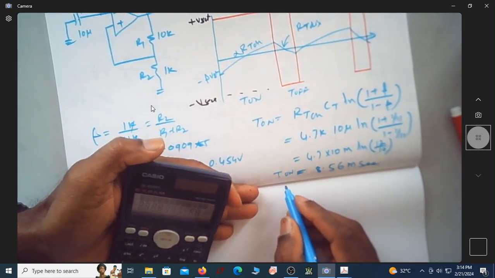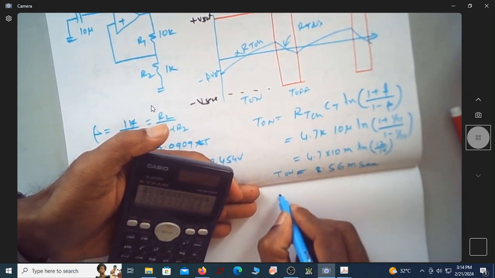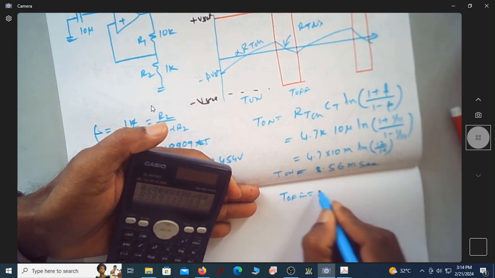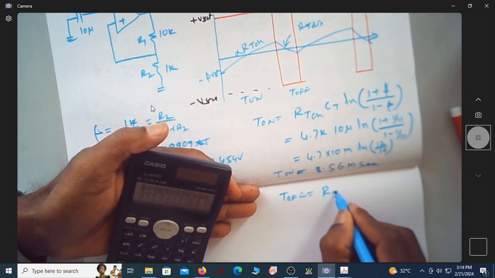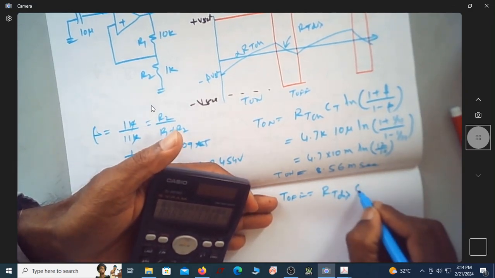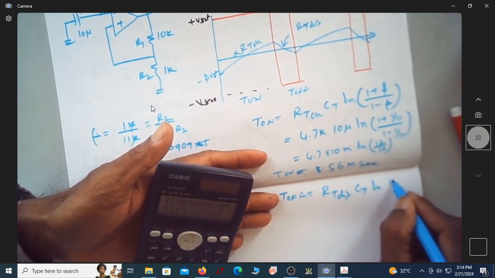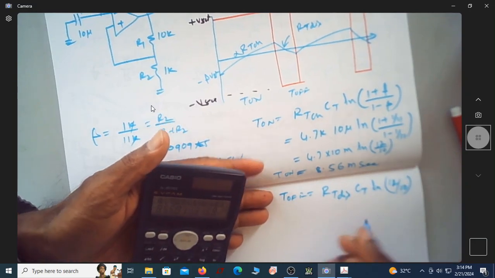So what is T off? T off is the same expression, only the resistance changes. T off is equal to RT discharge CT ln of 12 by 10, the ln remains the same, ln of 1.2.